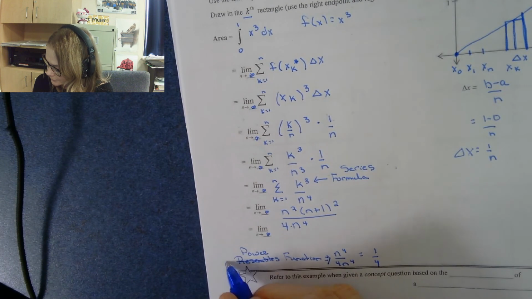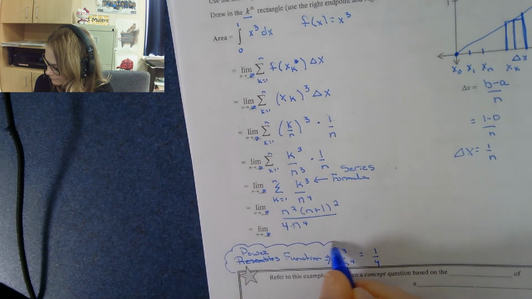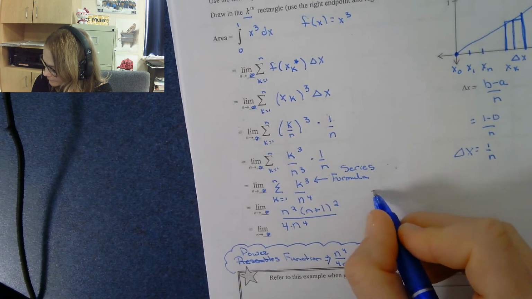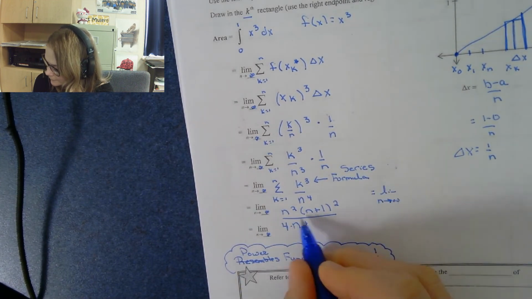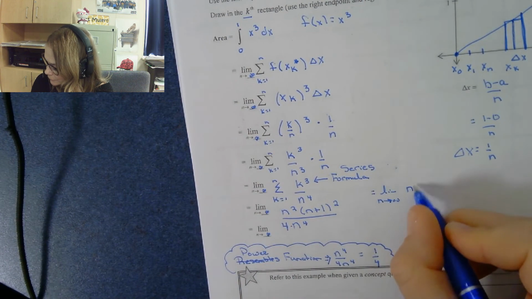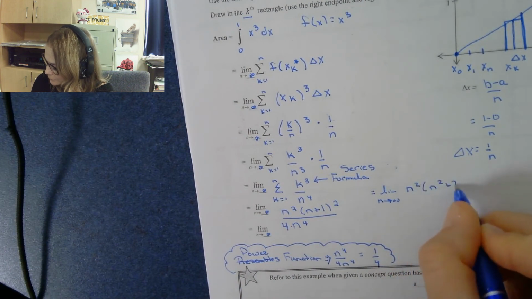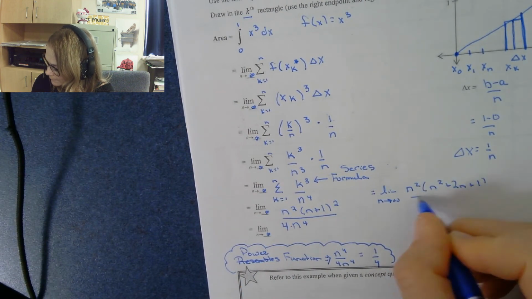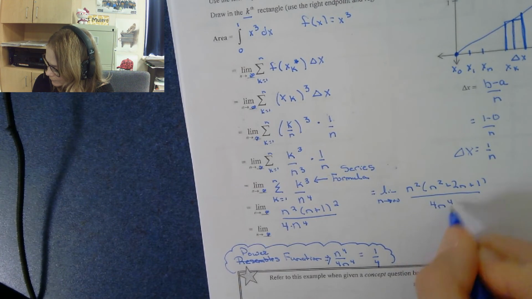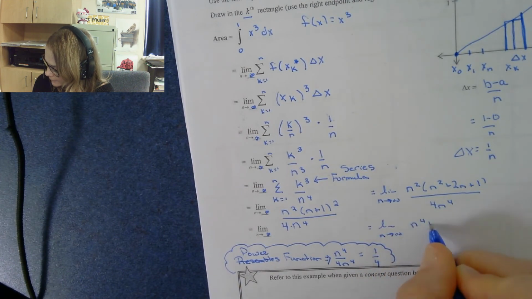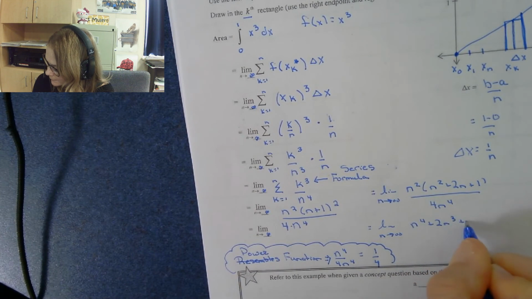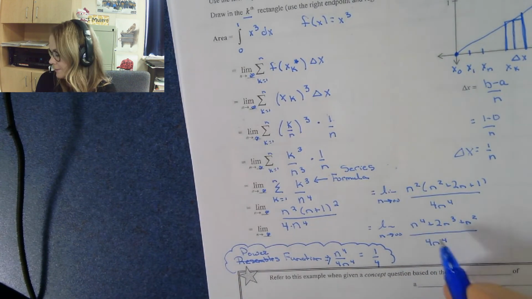All right, so let's just take this out of the picture and look at it all the way through. The limit as n approaches infinity of n squared times n squared plus 2n plus 1 over 4n to the 4th, which is the limit as n approaches infinity of n to the 4th plus 2n cubed plus n squared over 4n to the 4th.